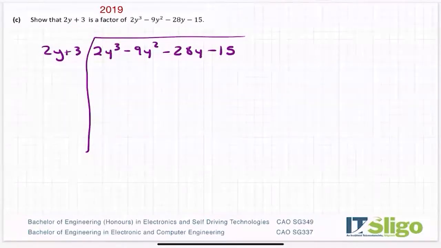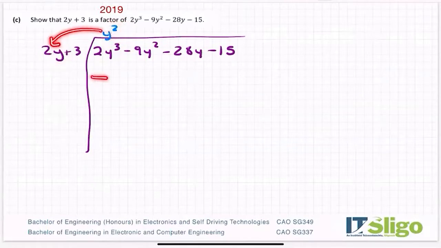Okay, so what you will get is that if you multiply it by y squared, why y squared? Well, the 2 is already here. I need 3 y's. There's 2 of them, and there's the third. So y squared by 2y will give me 2y cubed. I also have to multiply that y squared by the 3 and put the answer here under the y squares.